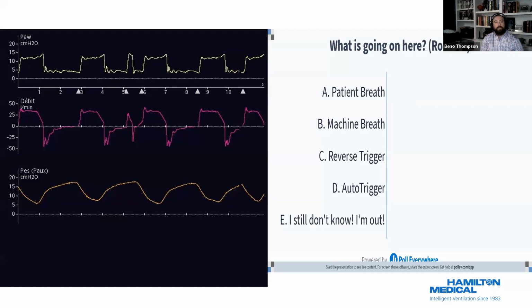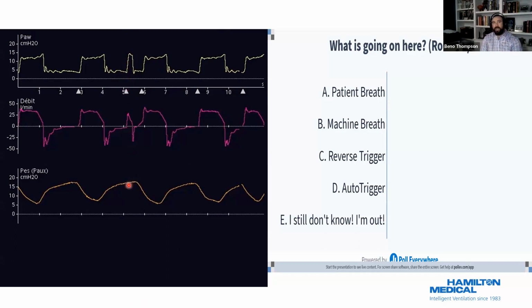All right. Patient breath. There's actually two right answers. So most of you are saying auto trigger. Some of you are saying reverse trigger. Now remember, it looks like a double trigger, but this was patient initiated, right? Which means that, remember, the first breath in a double trigger, if it's ventilator initiated, if it's not spontaneous, it is a reverse trigger.